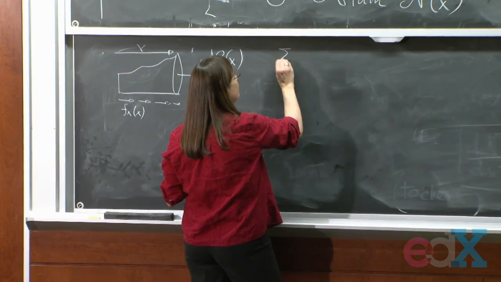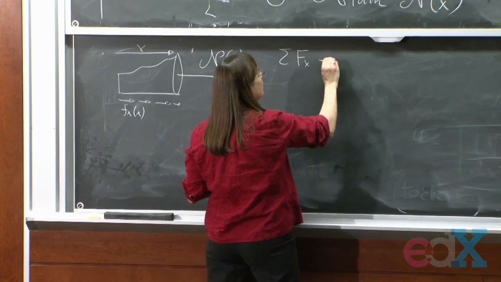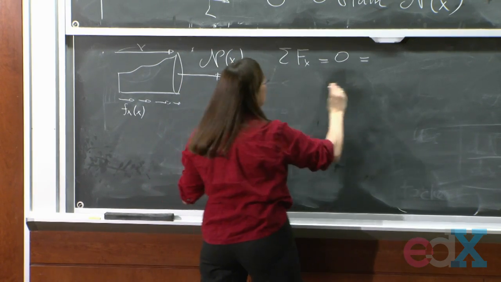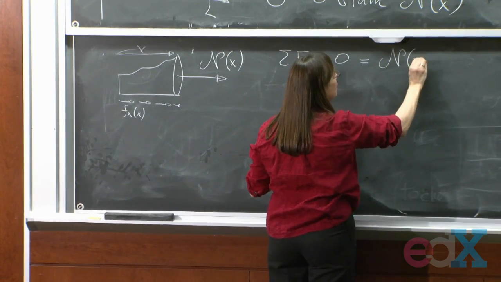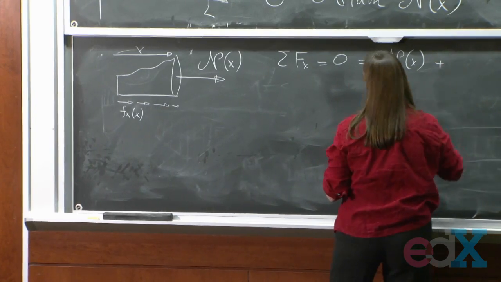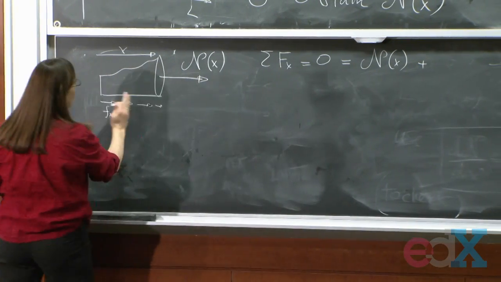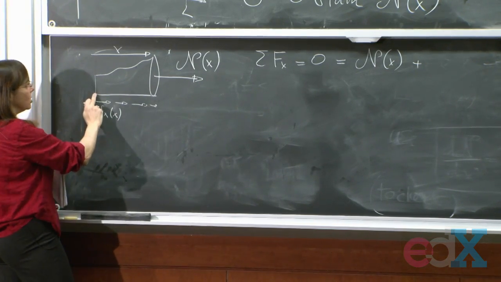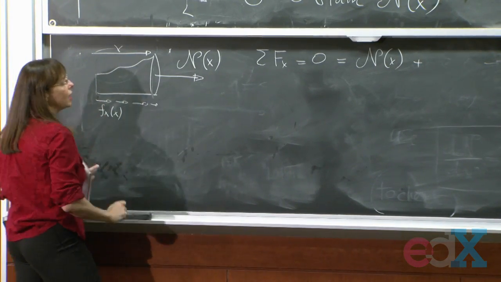And then you say sum of the forces in x must be 0. And that's going to be equal to, see the x goes that way, n of x plus the resultant of all this loading. So I have to integrate these loads going from x equals 0 to x equal x.